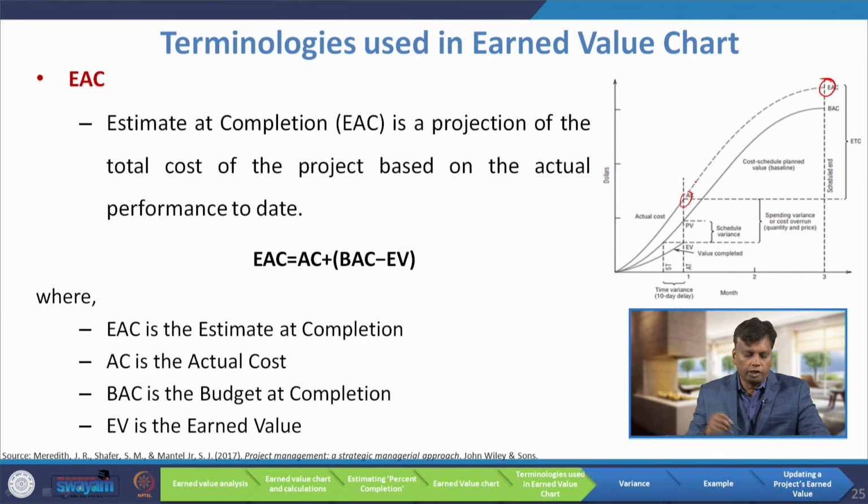Estimate at completion is calculated as actual cost plus BAC, the budget at completion, which is the planned budget when you complete the project, minus earned value, which is the actual work done. That is the estimate at completion.